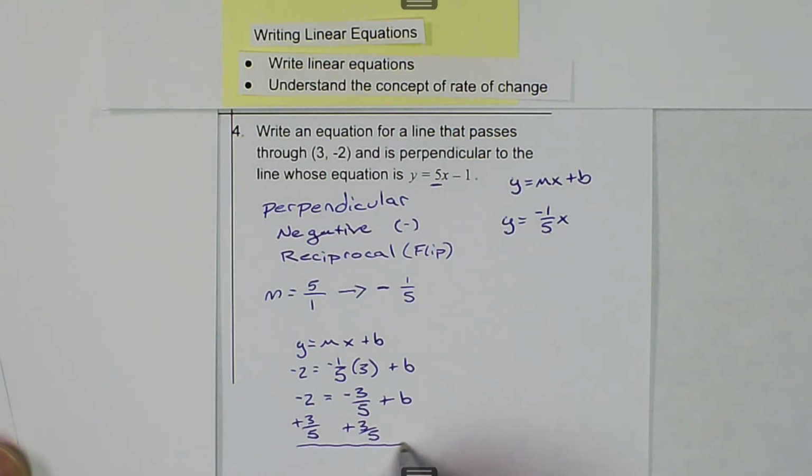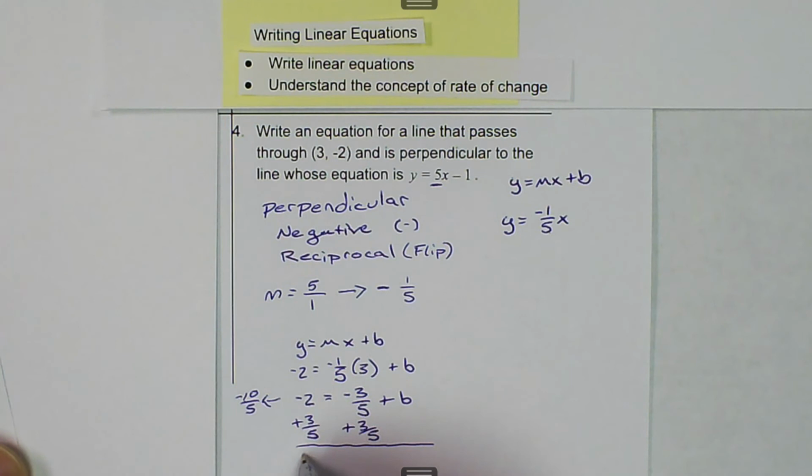We can rewrite -2 as -10 over 5. Those are equivalent. So -10 plus 3, signs are different, so we'll subtract them, and we get 7.